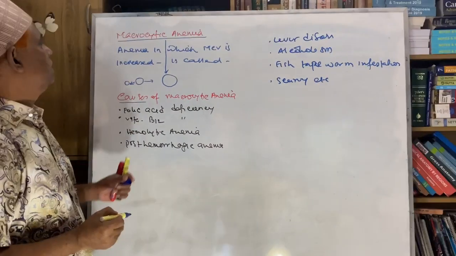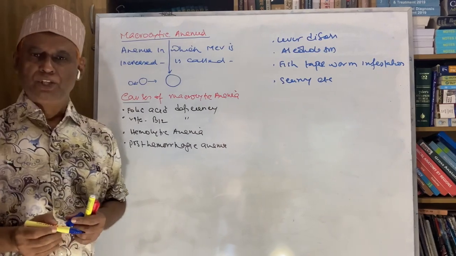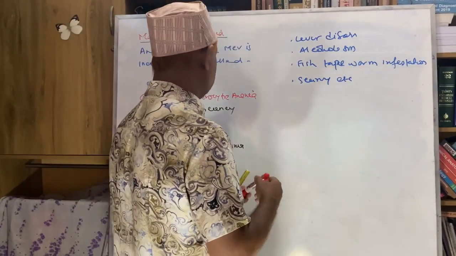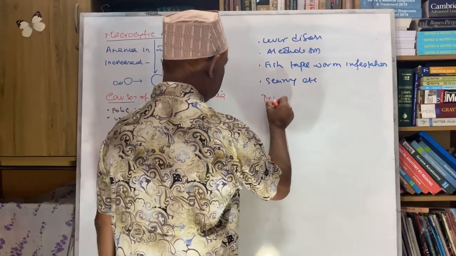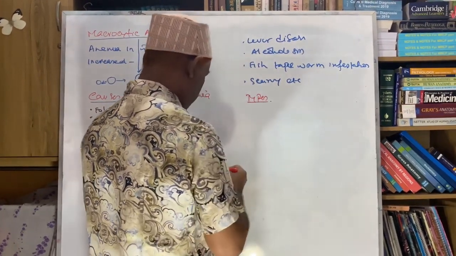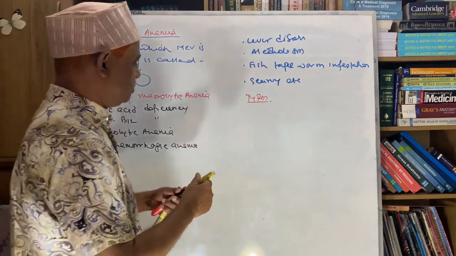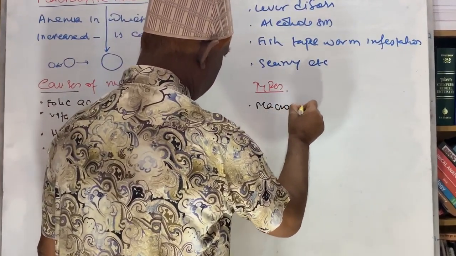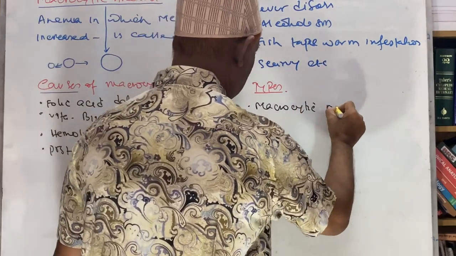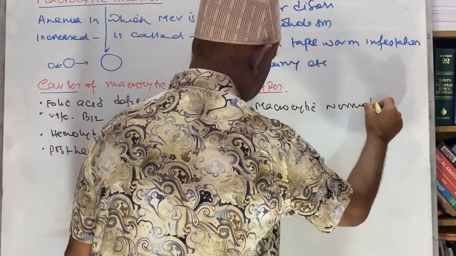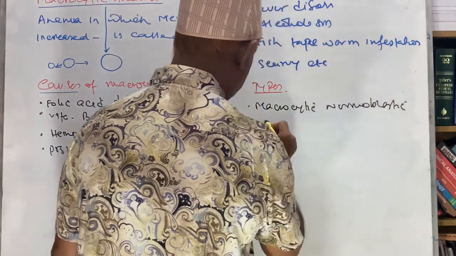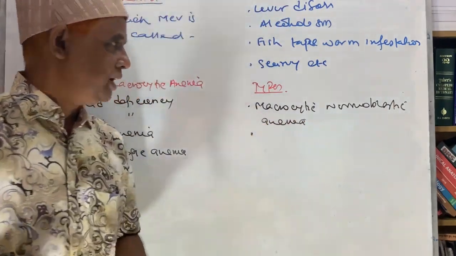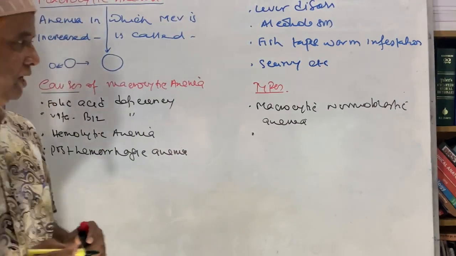Now come to the types or classification of macrocytic anemia. Macrocytic anemia is of two types. One is macrocytic normoblastic anemia, and another is macrocytic megaloblastic anemia.